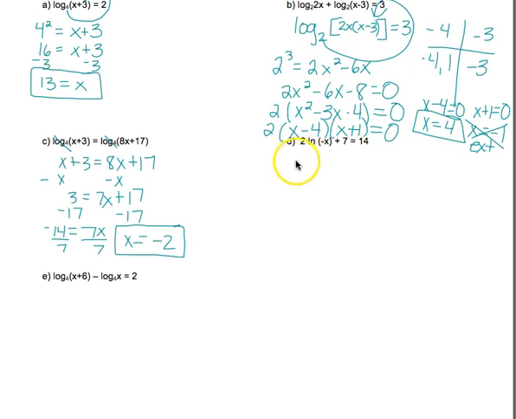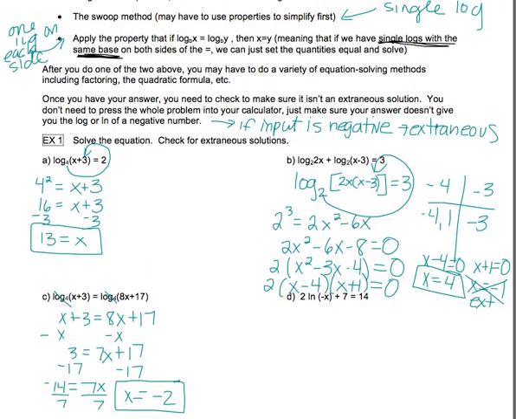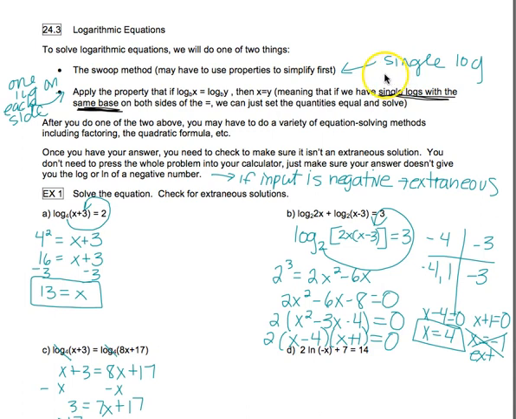So D, I have a single logarithm. Notice that it's an ln, but this single logarithm is not alone. Remember that in using the Swoop method, the single log has to be alone.